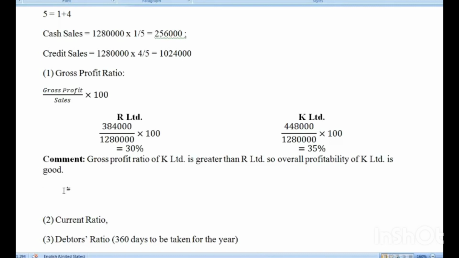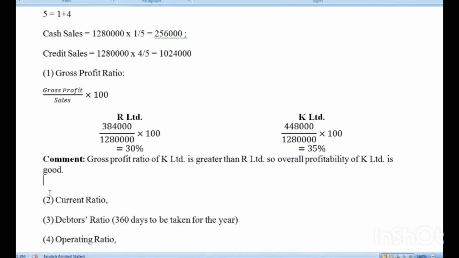R Limited has 30% profit, but K Limited is better than R Limited because K Limited gives more profit. So that kind of short and brief comment you need to give with all answers.